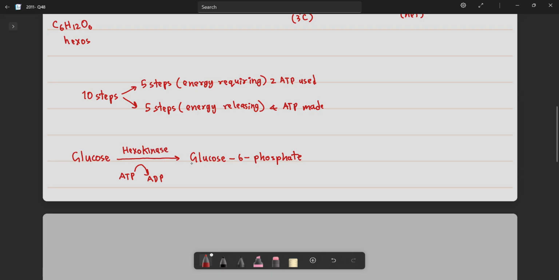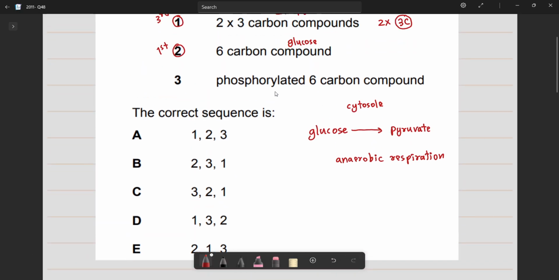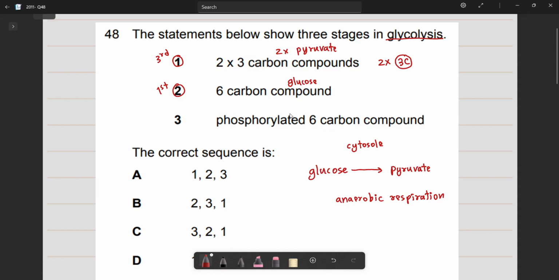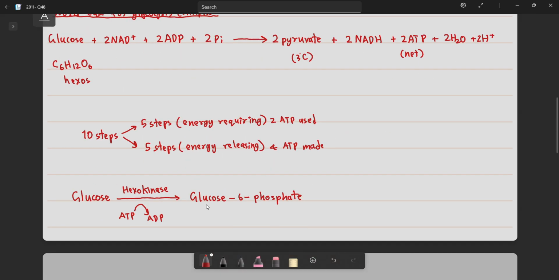So this compound right here is the phosphorylated six carbon compound. The six carbon compound, as I mentioned, is glucose, phosphorylated. So this glucose is phosphorylated and has a phosphate group in the sixth carbon position. This is catalyzed by hexokinase.